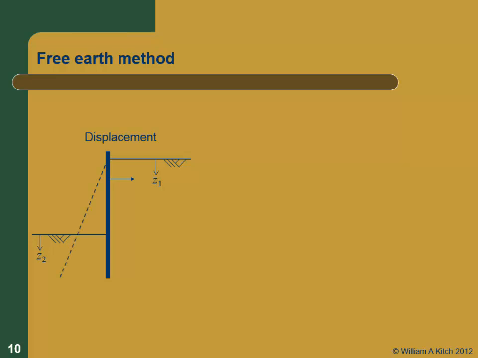In the free earth method, we're assuming that the displacement of the wall is a rigid lateral displacement and rotation about the top of the wall. And in that case, the loads in the wall, we have the anchor force.